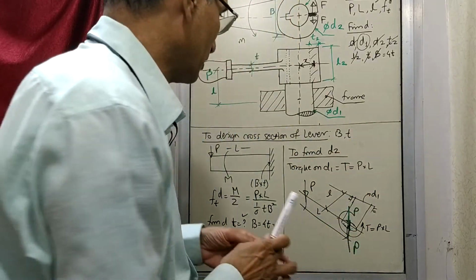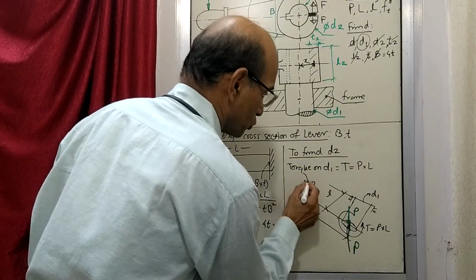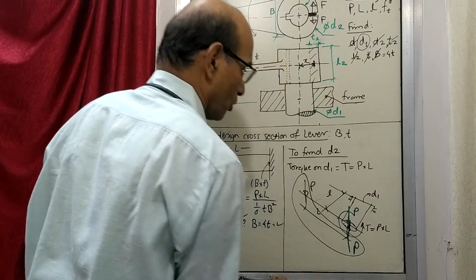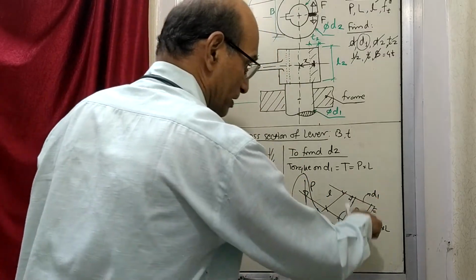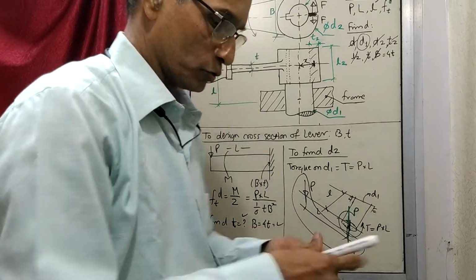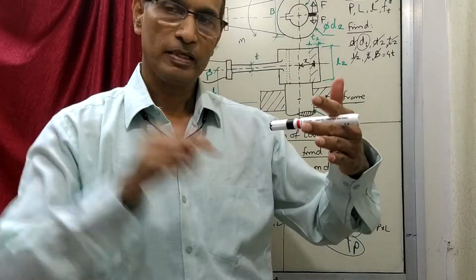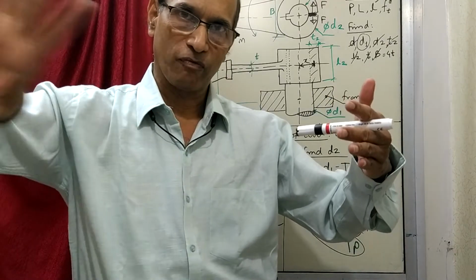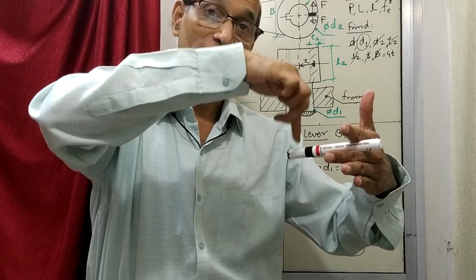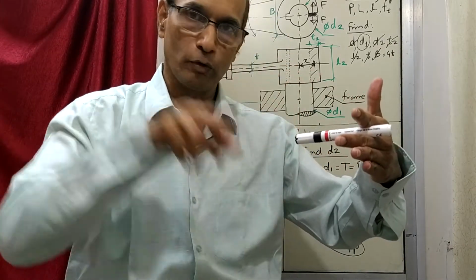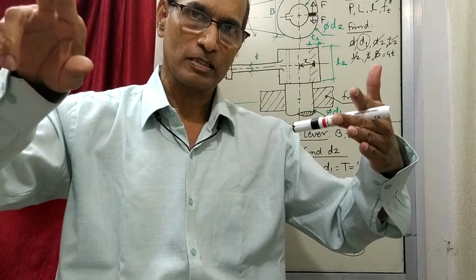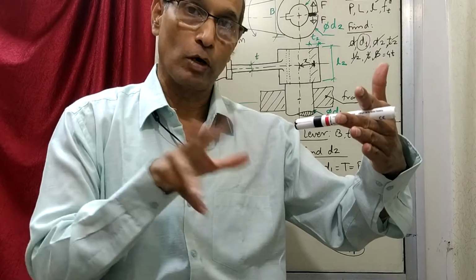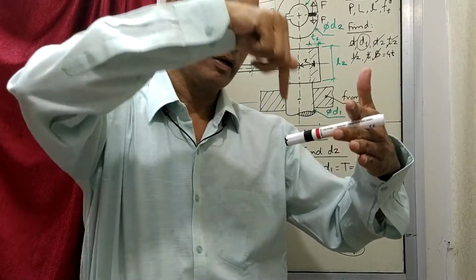So these two are applying a torque P into L, and this is the one which is now remaining. Out of the three forces, 1, 2 and 3, we have clubbed together these two forces and got the result that they two are applying torque.